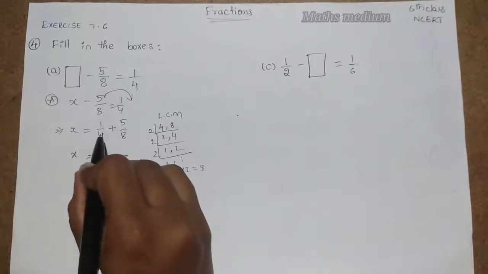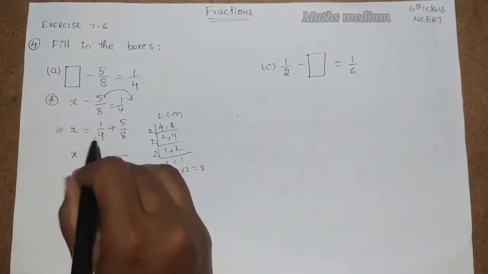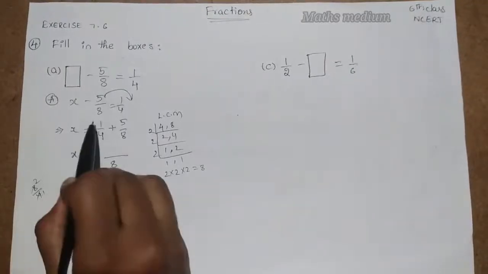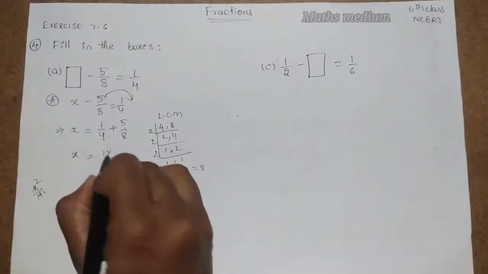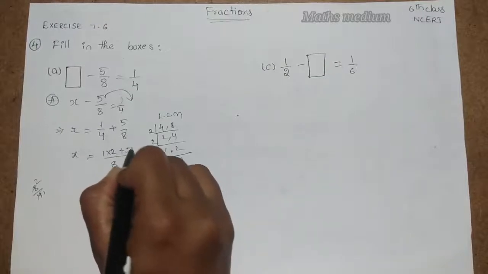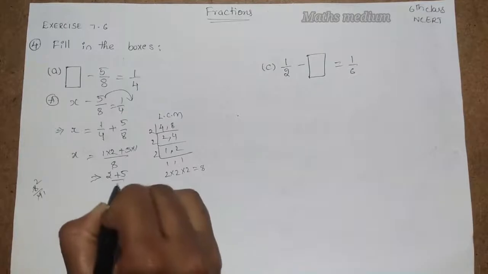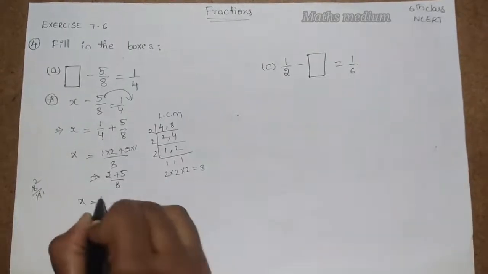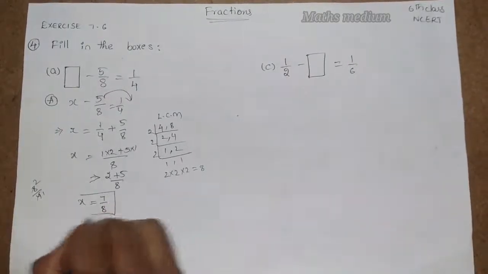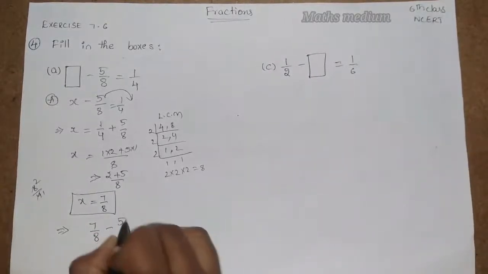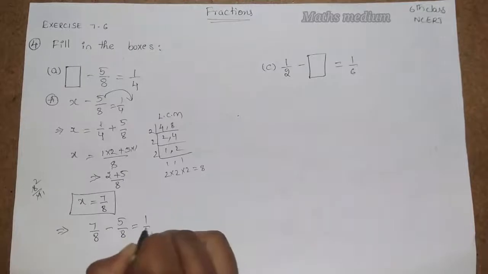In order to make this one, divide 8 by 4. So 4 ones are 4, 4 twos are 8. Multiply the numerator with this. So 1 into 2 plus 5 into 1. So 2 plus 5 by 8. x equal to 7 by 8. So here we are getting the answer as 7 by 8 minus 5 by 8 is equal to 1 by 4.